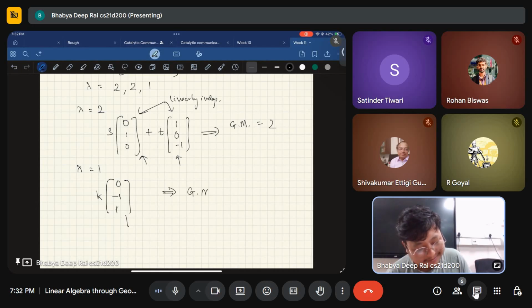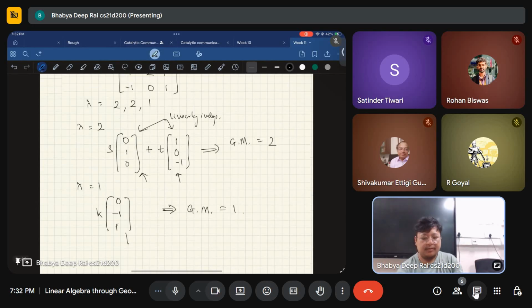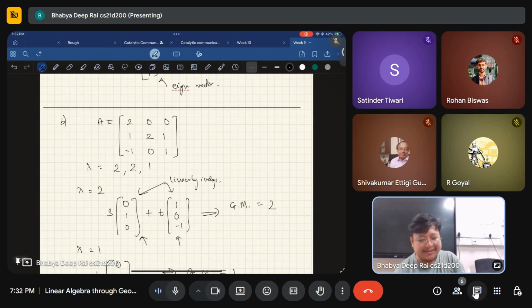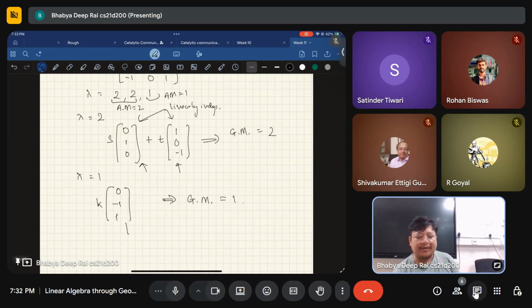So the geometric multiplicity is 1 here. As you can see, the algebraic multiplicity is 2 here and 1 here, and correspondingly the geometric multiplicity is 2 and 1.